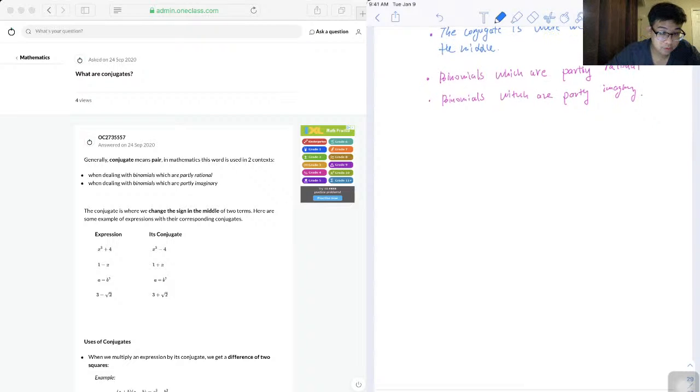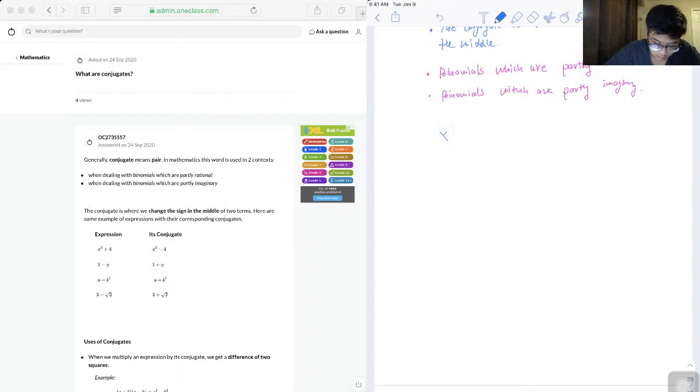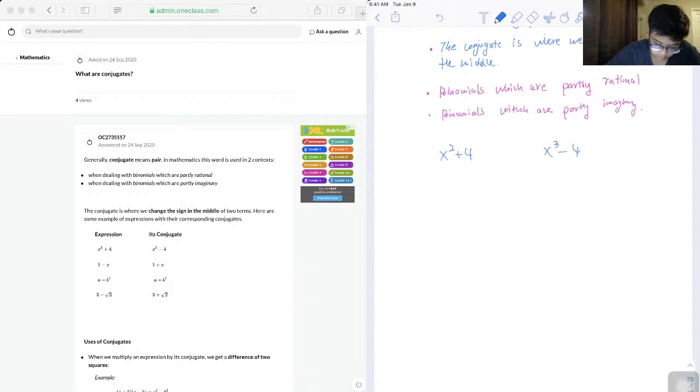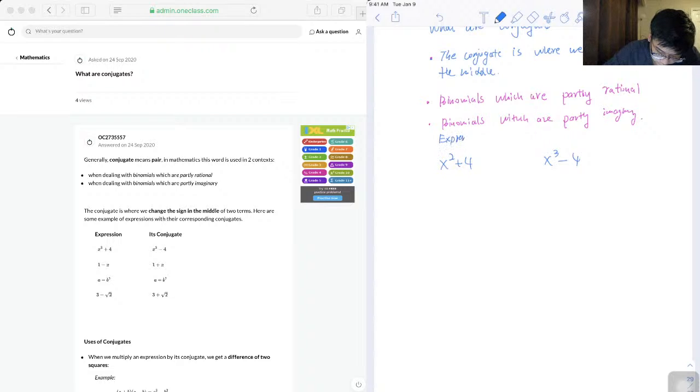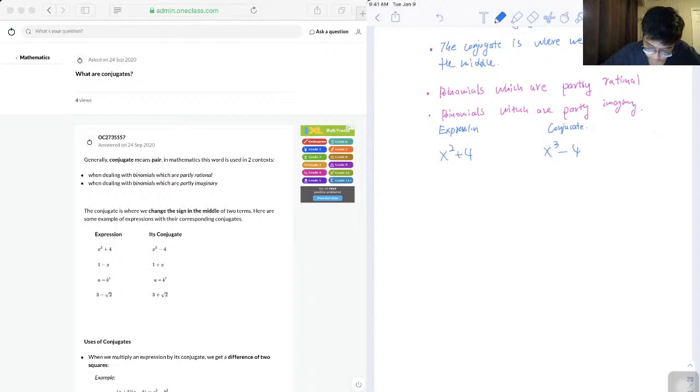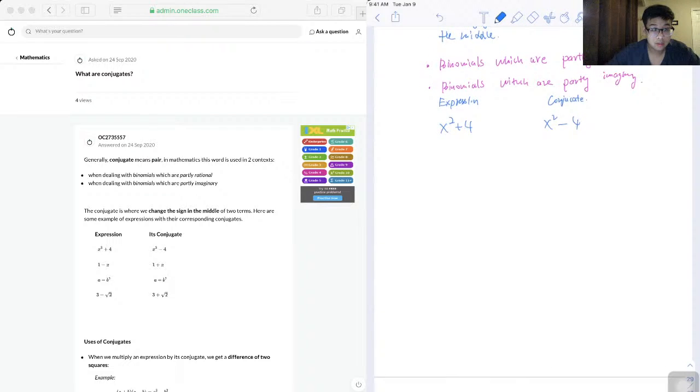So some examples could be x squared plus 4 and x squared minus 4. Those will be our expression and conjugate. Okay, and b squared minus a, b squared plus a, root 2 plus 10, root 2 minus 10. Yeah. So these are some examples of the expressions and their corresponding conjugate.